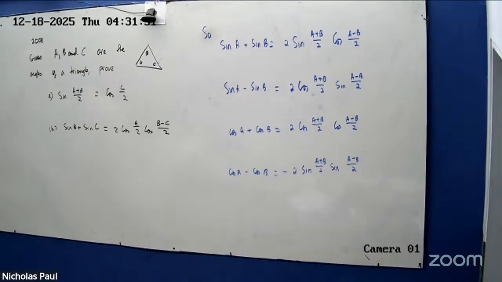No matter what type of triangle, the angles all add up to 180. So A plus B plus C equals 180.